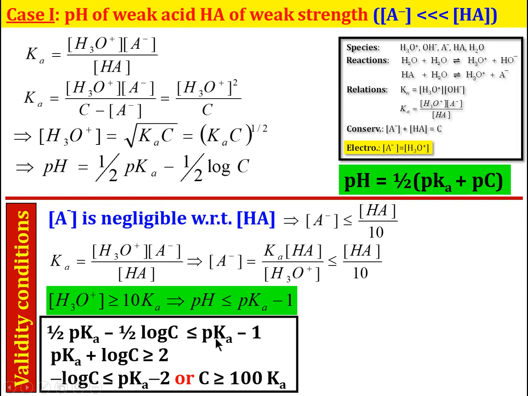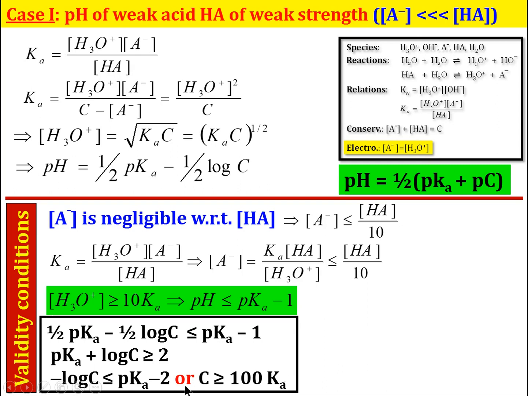So pKa plus log C is greater than or equal to, or minus log C is less than or equal to pKa minus 2, or in other words, the concentration should be greater than or equal to 100 Ka.